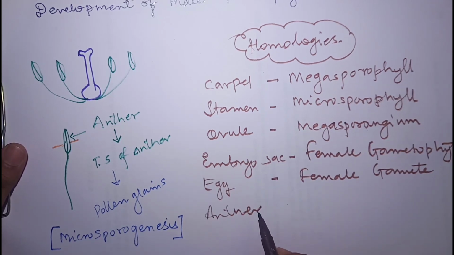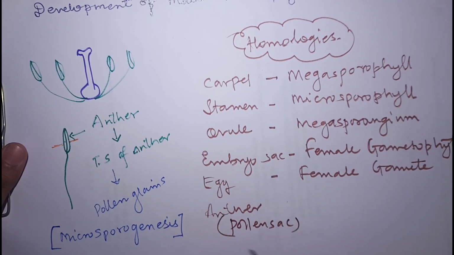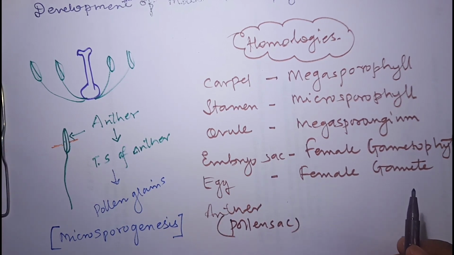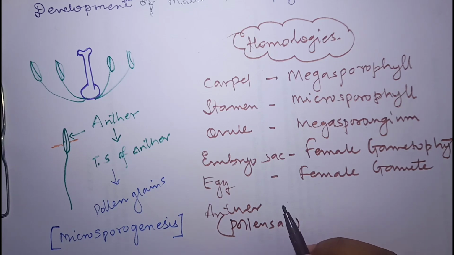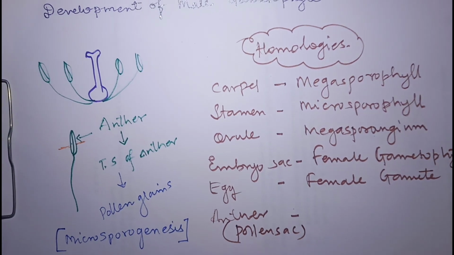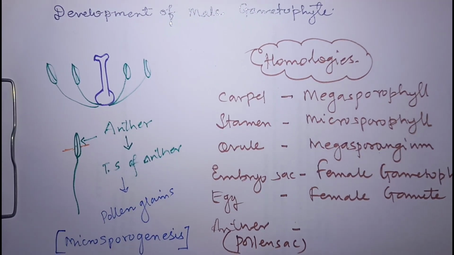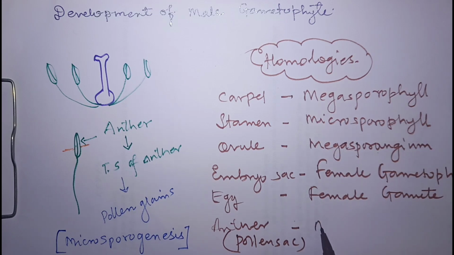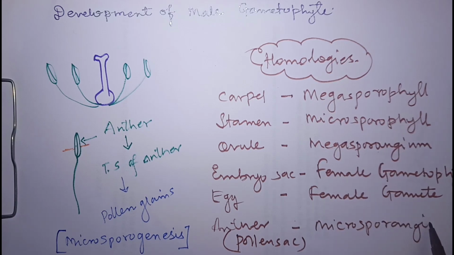Then for anther, sometimes there may be a term like pollen sac also, so both are the same. Inside the anther we have pollen sac. So for anther or for pollen sac we may use the term microsporangium.